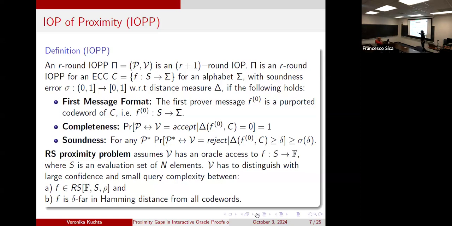Then the problem for the verifier is to distinguish with large confidence, and in the best case with small query complexity, whether this message f is a Reed-Solomon code, or whether f is delta-far in Hamming distance from all codewords.